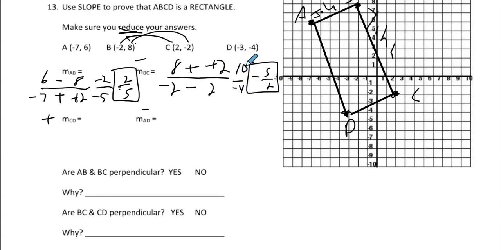That's important. Now CD. Okay, so I'm going to do right here, y minus y. So I'm going to do negative 2 minus a negative 4. I write it in like that because it's going to become positive. And I'm going to do 2 minus negative 3.